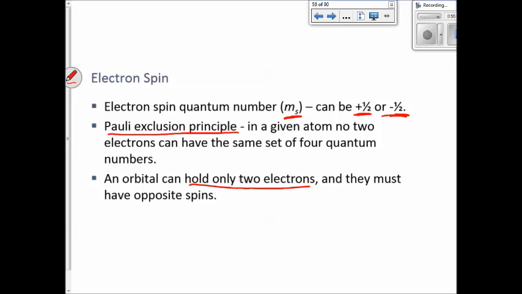So, for instance, say we're in a P sublevel, we'll say we're in the 2p. Let's say I'm 2p5. Everybody remember 2p5?